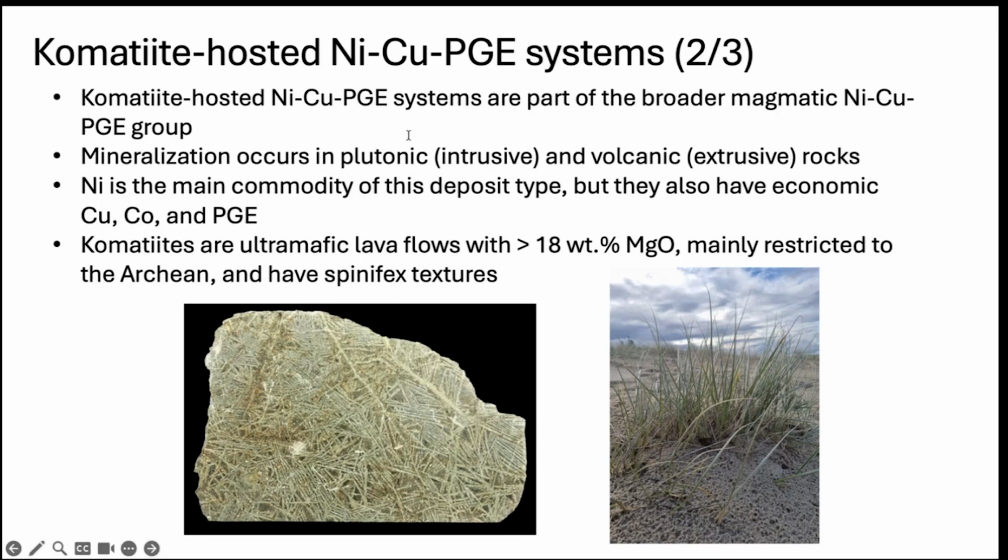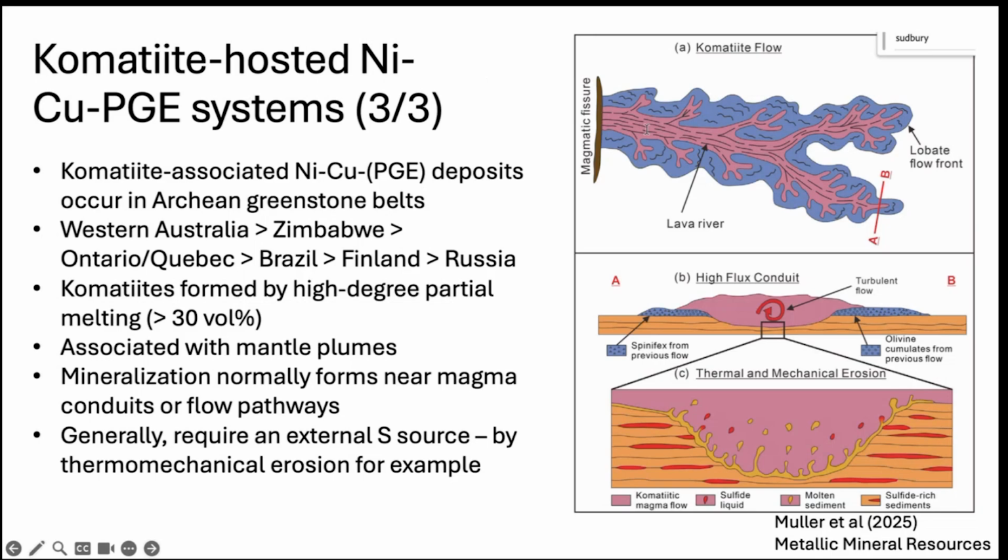Okay, so mineralization occurs in the intrusive components as well as the extrusive rocks, so the komatiite flows. Nickel's the main commodity, but also economic quantities of copper, cobalt, and PGE. And so this is a figure from the textbook. The upper one shows a plan view of a komatiite flow. Because these are so hot and magnesium rich, they probably flowed very, very rapidly.